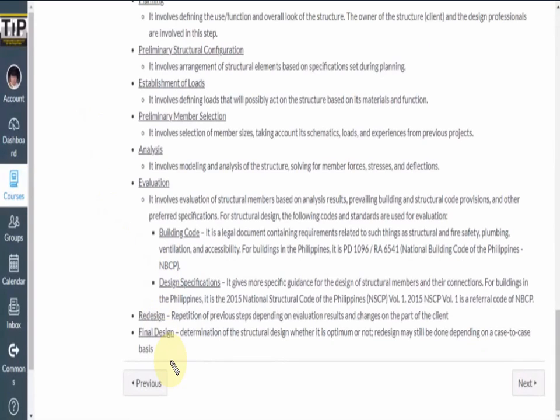Now I would add something here for the evaluation and redesign. Although the main criteria that we use here are the code provisions, it's not the sole criteria for deciding whether the design is final or not.